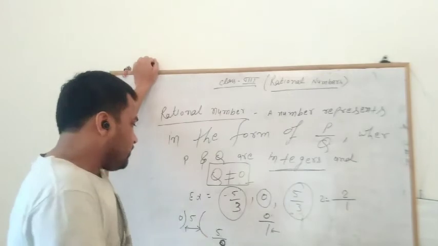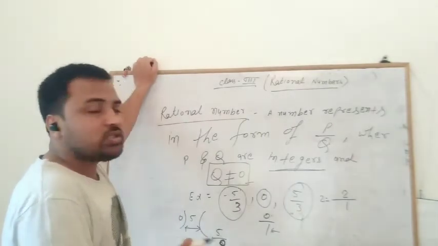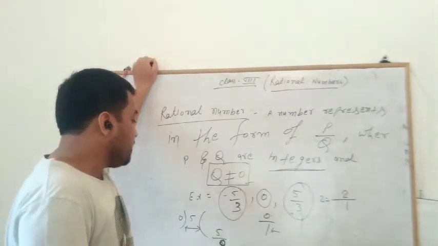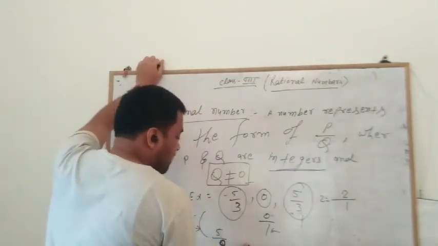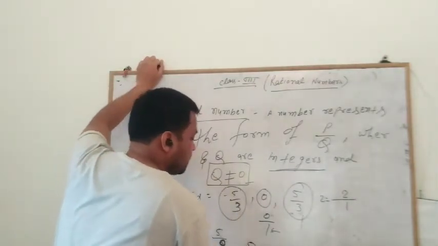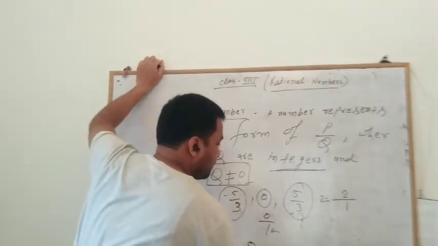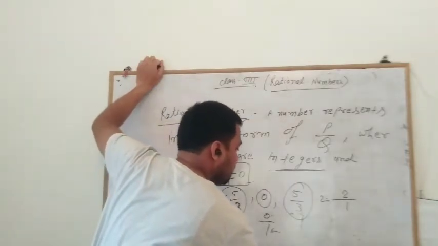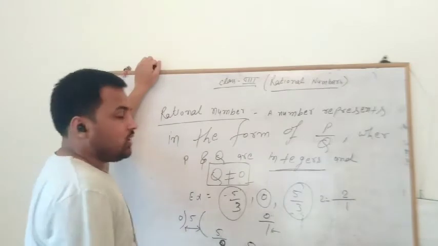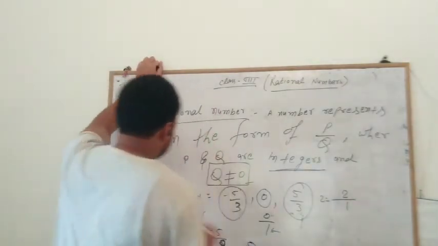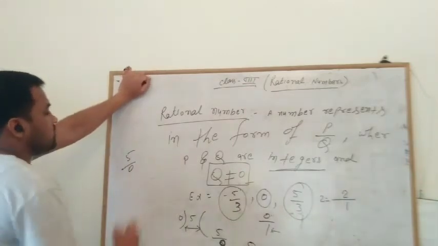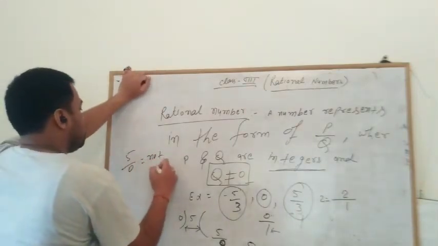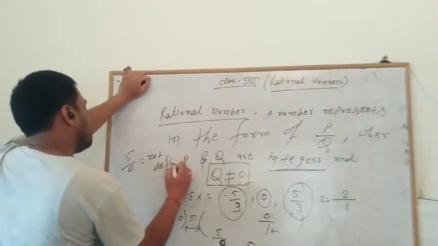I hope you understand what rational numbers are. If any number is divided by 0, it is considered not defined. So we write that if any number is divided by 0, it is written as not defined.